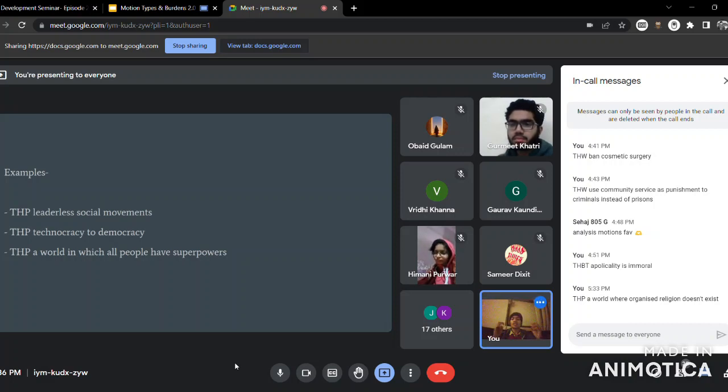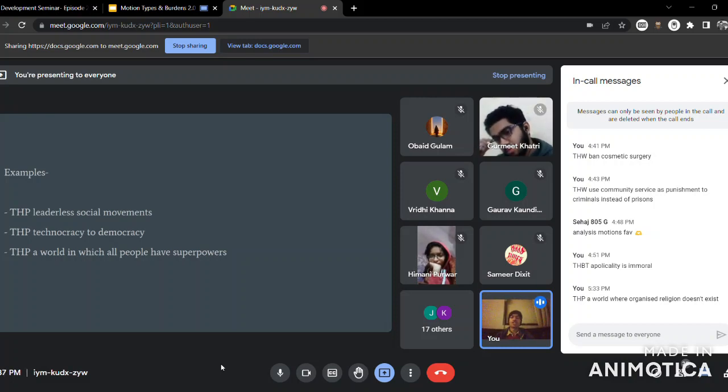Those are the people who make decisions for the country or for the territory that is being governed. So this is a clear comparison that is there in the motion, that Gov has to defend why technocracy is better. Op has to say why democracy is better than technocracy and things like that.